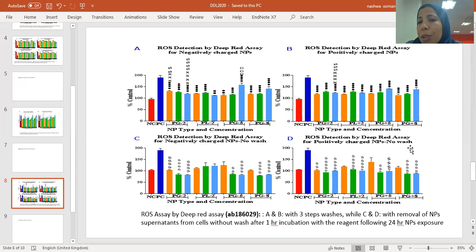Rather, the higher concentration is causing higher cytotoxicity at these high doses. So higher cytotoxicity means you don't have enough cells to do the reaction, and you will see less response. Plus, with higher concentration still over the monolayers, there is a possible interference from the nanoparticle at these concentrations.